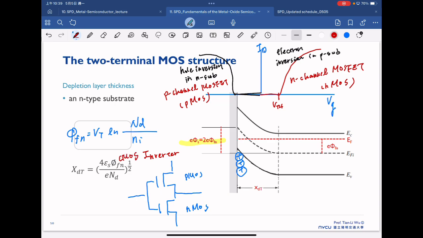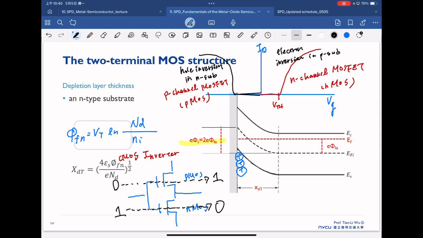And the purpose of this inverter is that if we apply the input signal as a 0, then we produce the output signal as a 1. And if we apply the input signal as a 1, then we have the output as a 0.